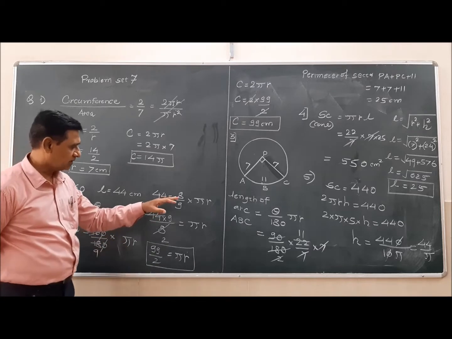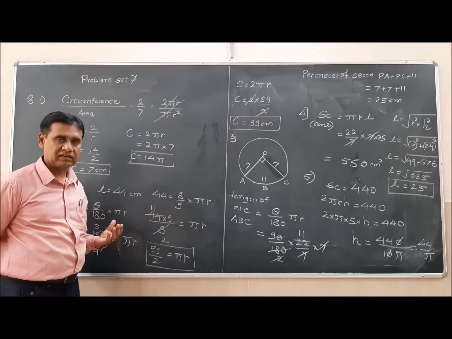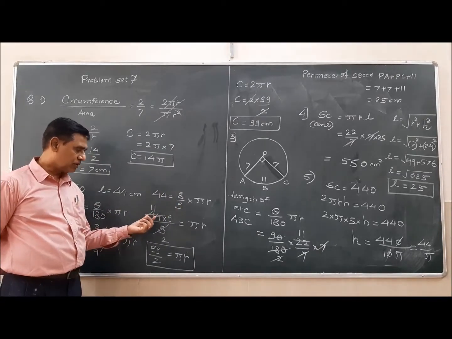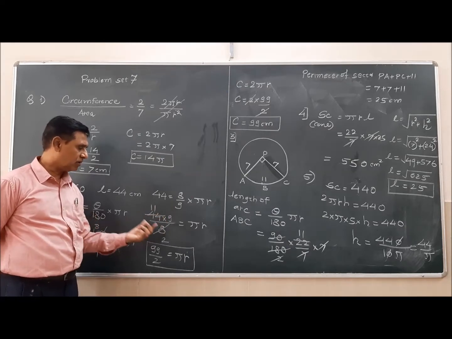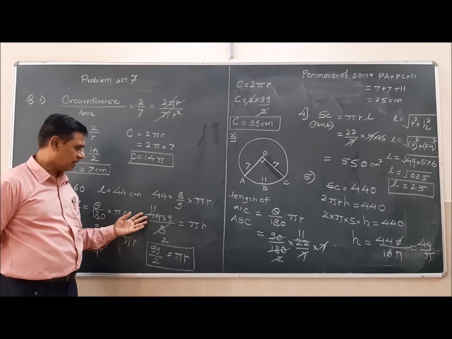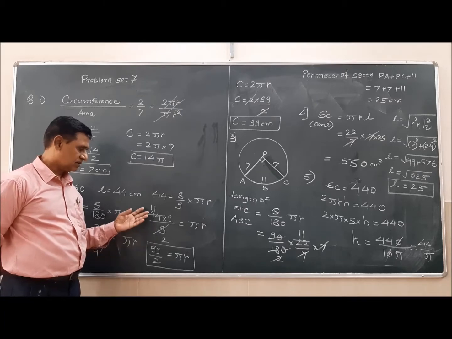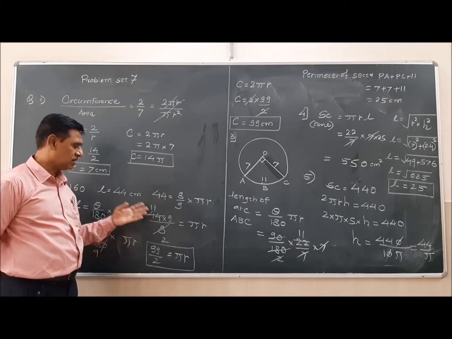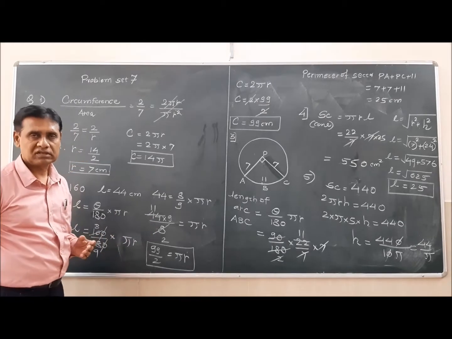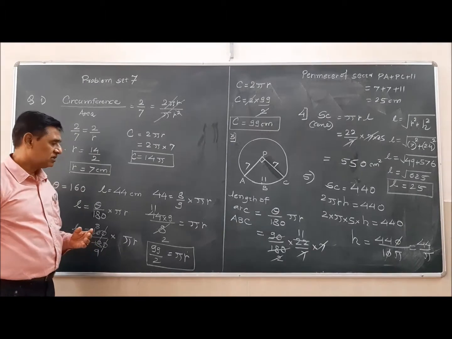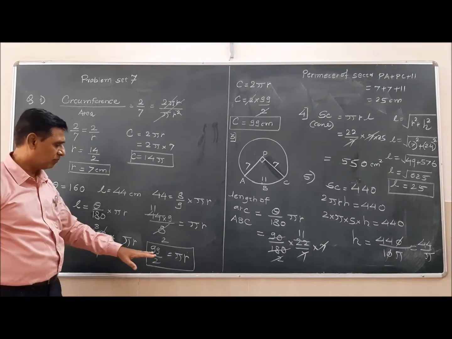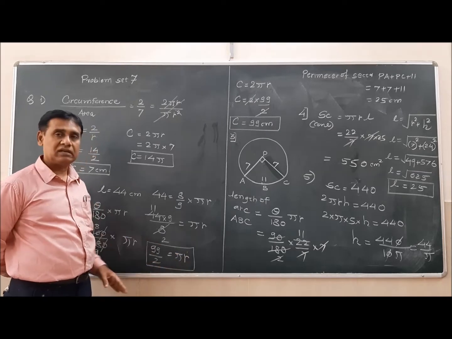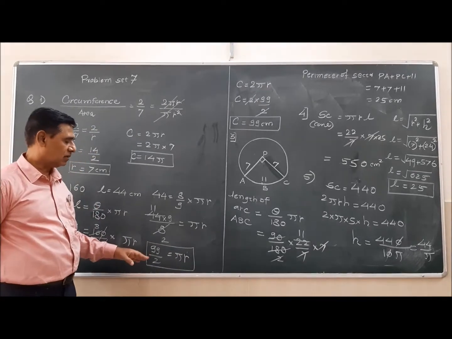Now let's transfer this 8/9 to the left hand side. So you will get it as 44 into 9/8. If I cancel it, 4 2s are 8, of course in the numerator I will get 11. So this is how you will find the value of pi r. I obtained it as 99/2.